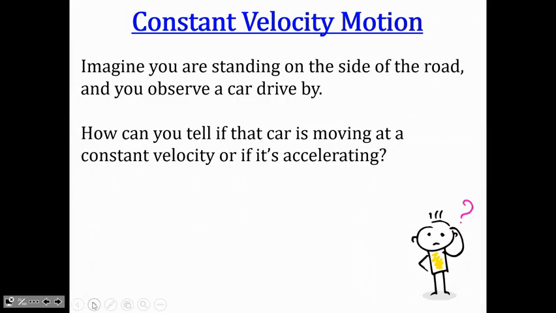Picture the following scenario. Imagine you're standing at the side of the road, and as you stand there, you observe a car drive by. As that car drives by, how can you tell if it's moving at a constant velocity or if it's accelerating?